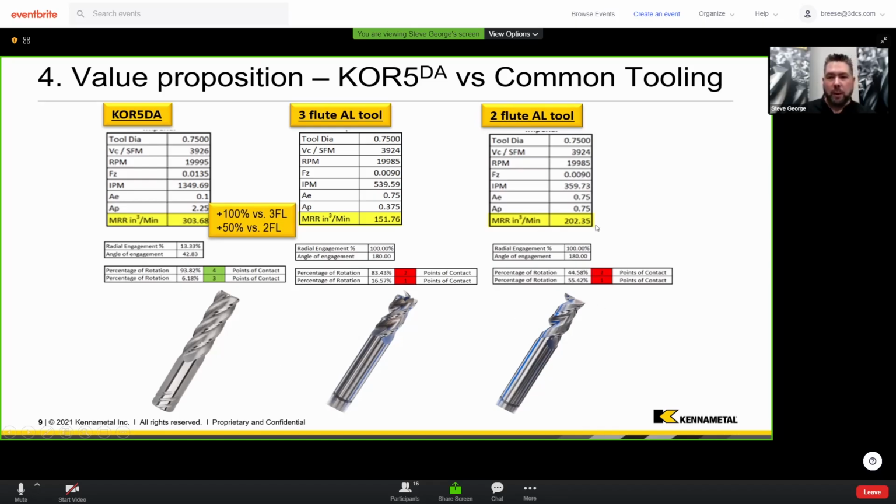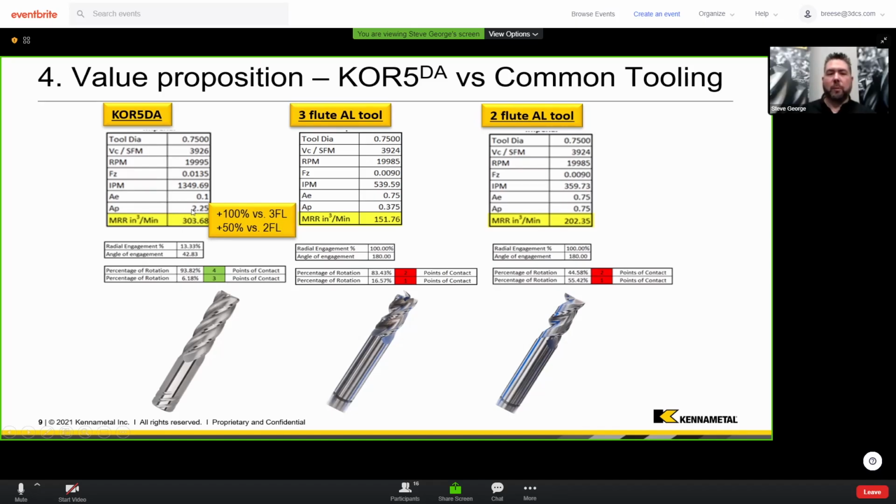But if I compare that, all of these 3/4 inch diameter tools, to making a traditional 2-flute or 3-flute cut in 6061 aluminum, I find that I can significantly increase my material removal rate at a lower radial depth of cut, but in this part, I could maximize that axial depth.